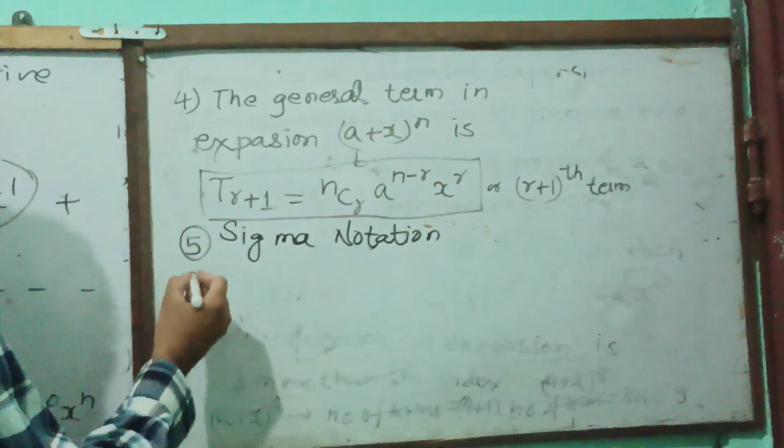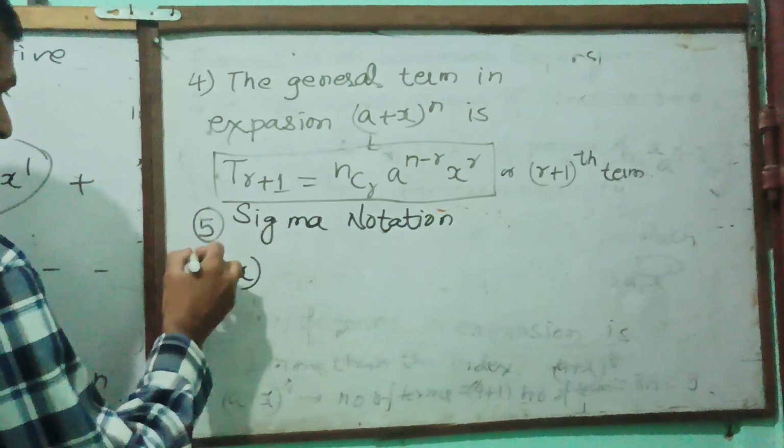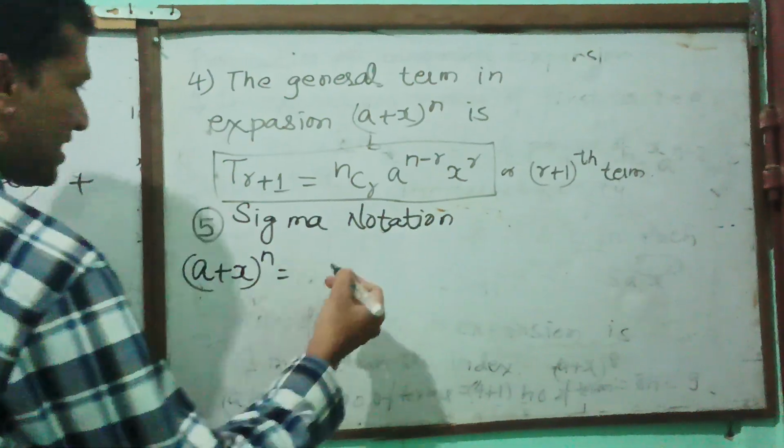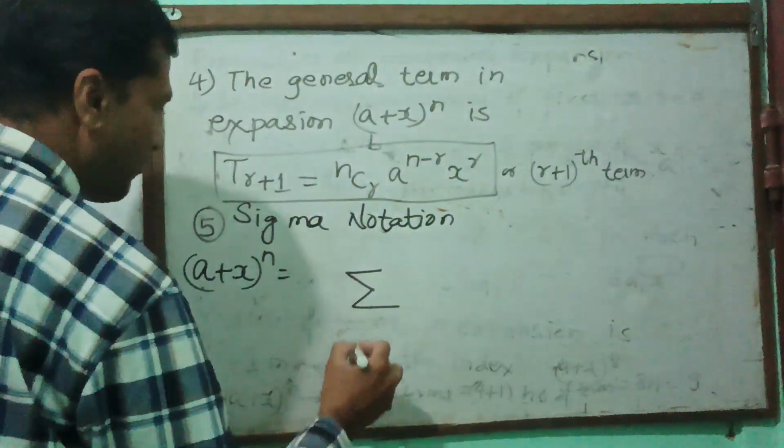Sigma notation. What we have done over here, this is (a plus x) to the power n. This can be written using this sign, which is known as summation or sigma.